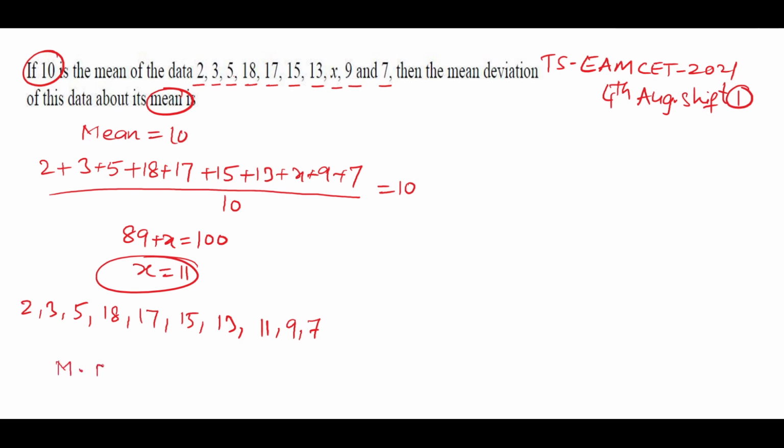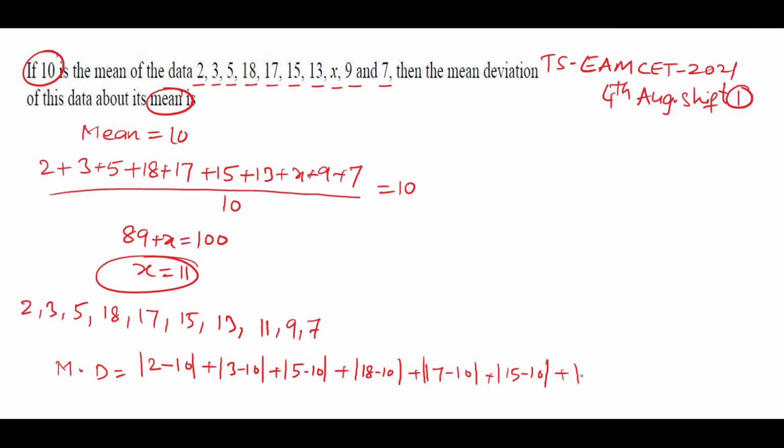So mean deviation is equal to modulus of 2 minus 10, plus modulus of 3 minus 10, plus modulus of 5 minus 10, plus modulus of 18 minus 10, plus modulus of 17 minus 10, plus modulus of 15 minus 10, plus modulus of 13 minus 10, plus modulus of 11 minus 10, plus modulus of 9 minus 10, plus modulus of 7 minus 10, by total number of values, that is 10.